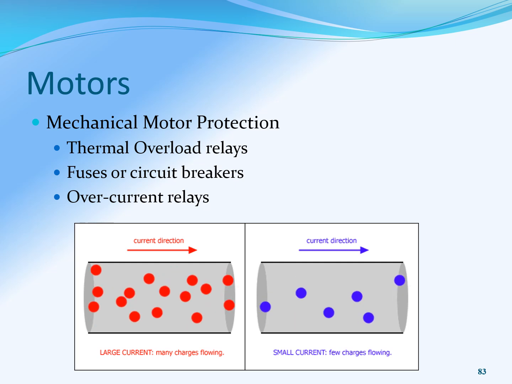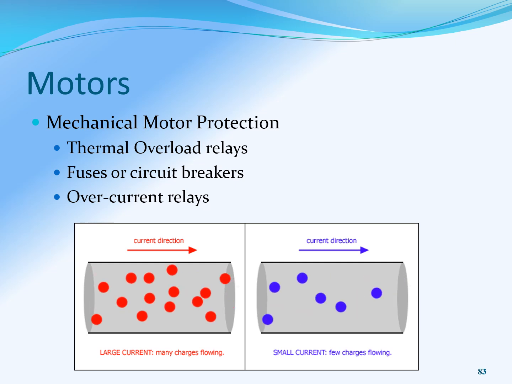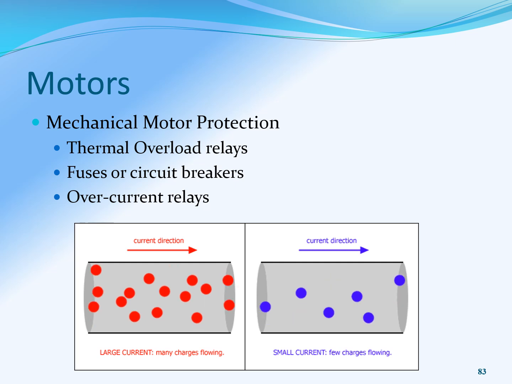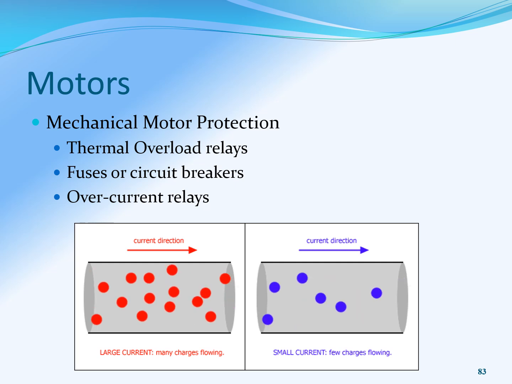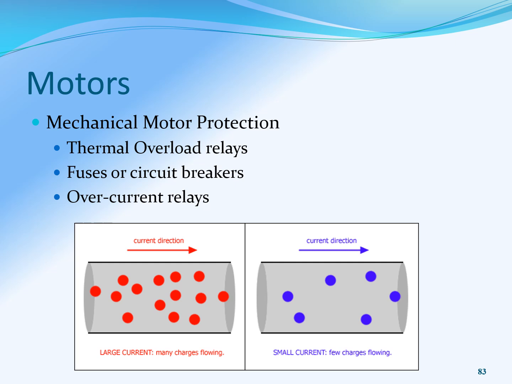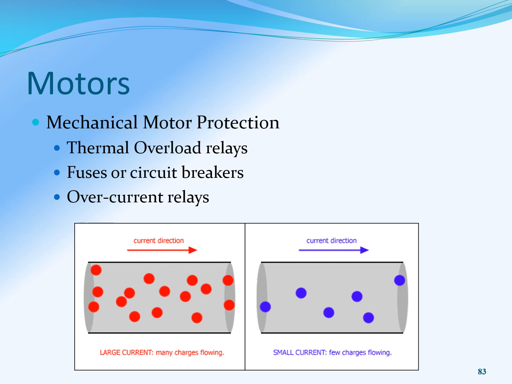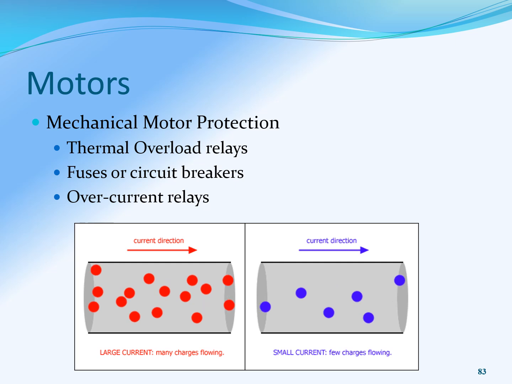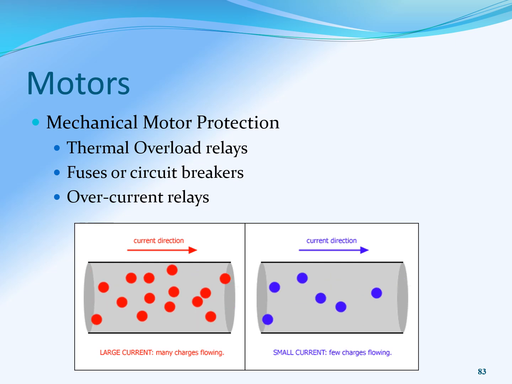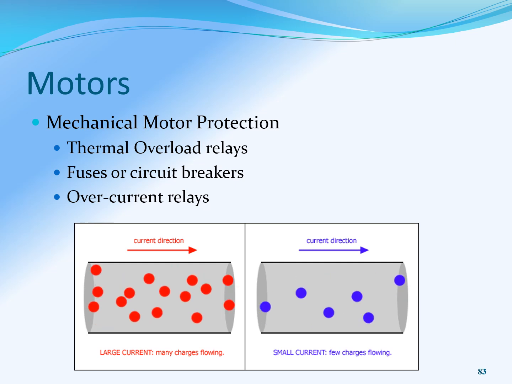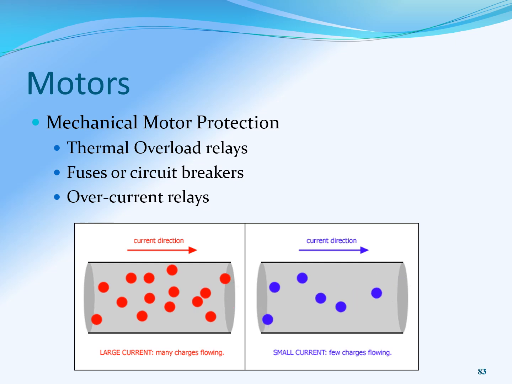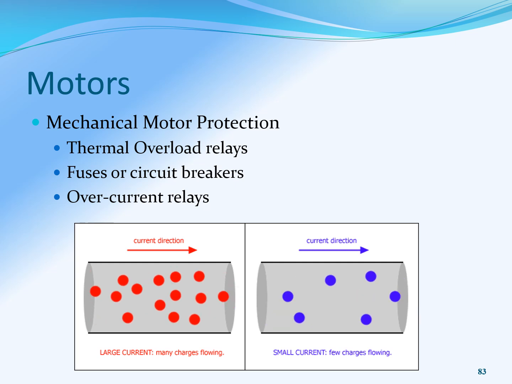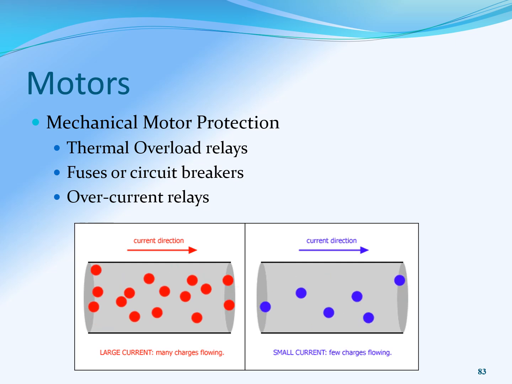Then you have fuses or circuit breakers, just like at your house or apartment. Fuses are only rated to a certain amperage and will pop once they reach that point to prevent damaging any of your equipment. And then you've got overcurrent relays, which detect a high level of current, but you can have an undercurrent relay as well.